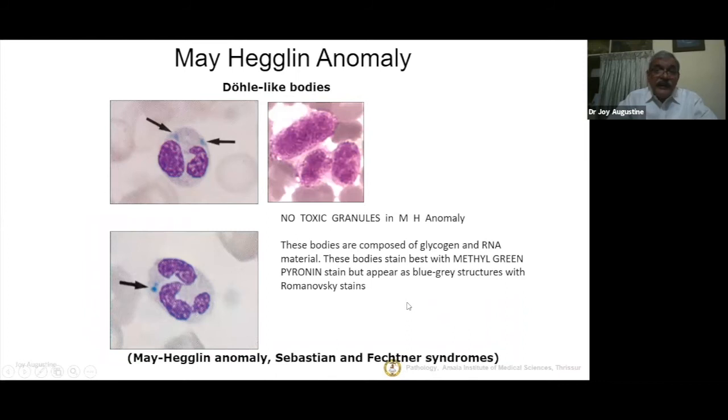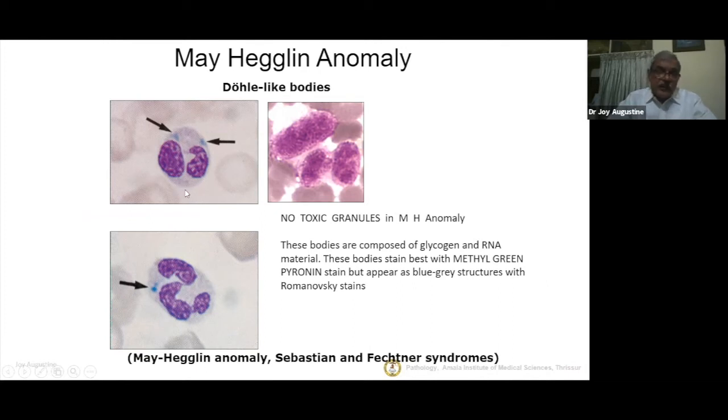Now, May-Hegglin anomaly is something which is very rare, but sometimes you do see them. I have seen just one case. And here you find the neutrophils showing multiple Döhle-like bodies, similar to ribosomal material, similar to what you see in severe infections. However, the important point to remember is that these neutrophils do not show toxic granules.